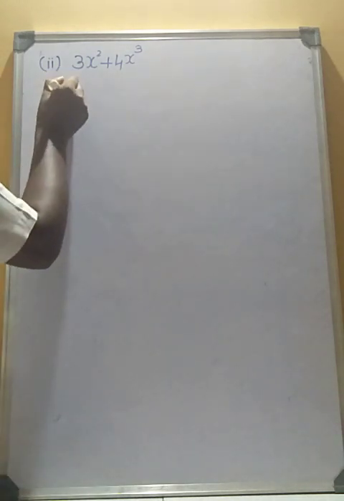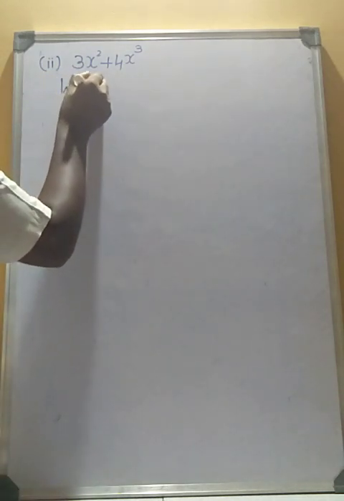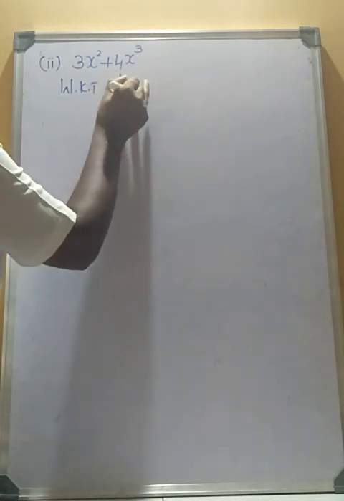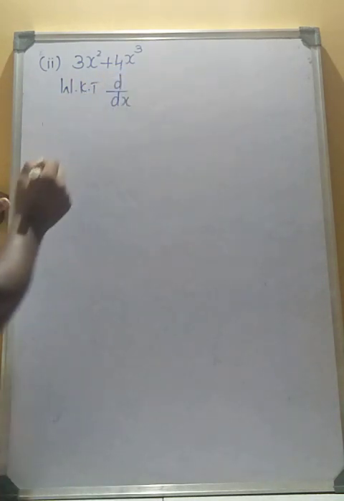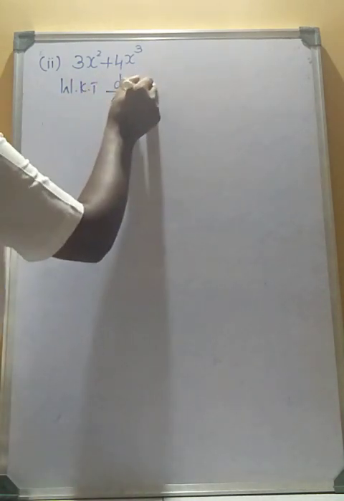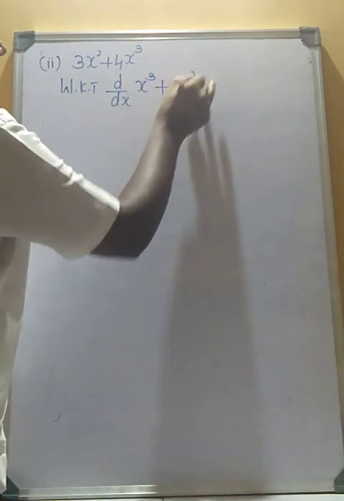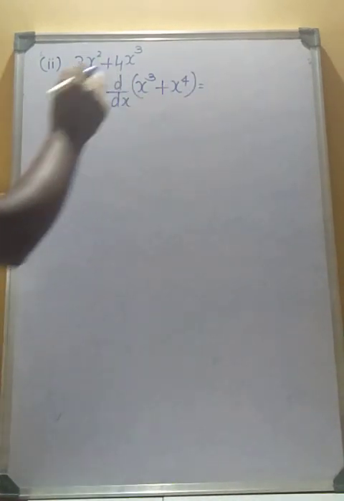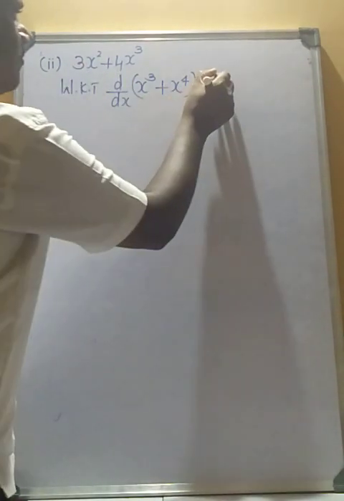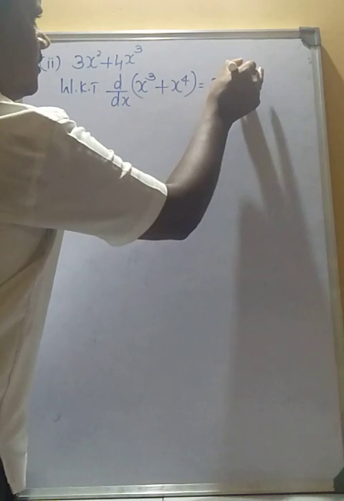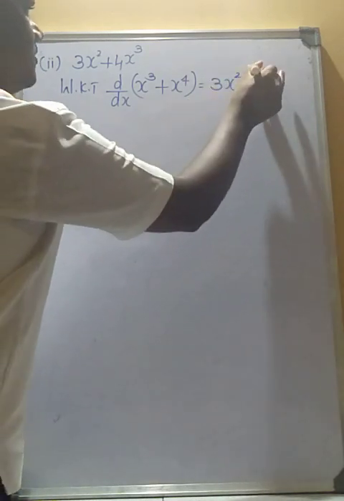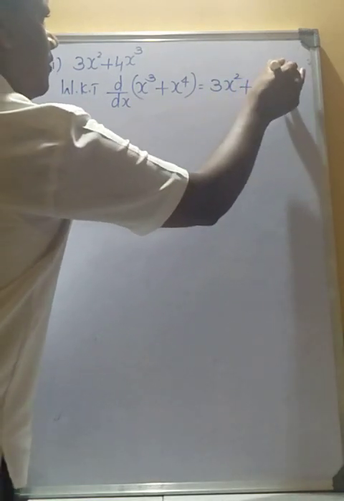We also know that d by dx of x cube plus x to the power of 4 is, the derivative of x cube being 3x square and of x to the power of 4 being 4x cube, 3x square plus 4x cube.